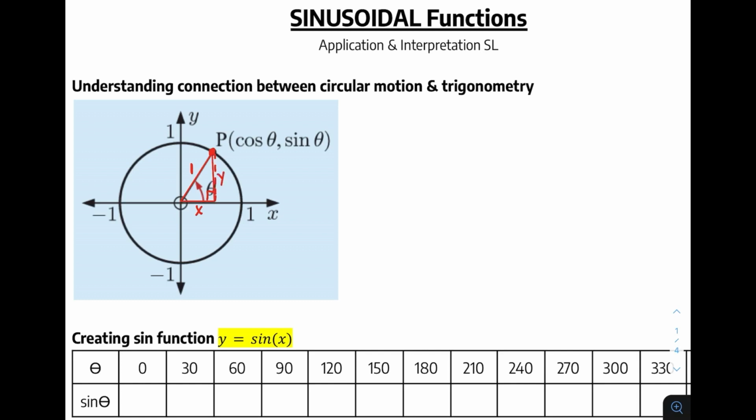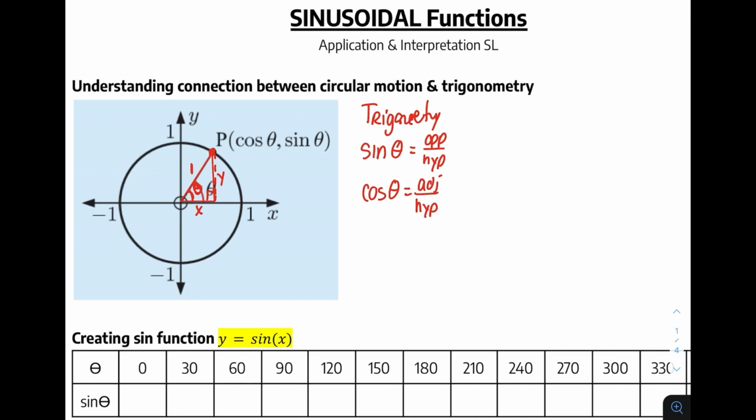If we label the angle inside the triangle theta, then we can talk about our sine and cosine. So coming back to trigonometry, we have sine of theta is equal to the opposite side over the hypotenuse. We have cosine of theta is equal to the adjacent side over the hypotenuse. And then we also have tangent, but we're not going to talk about tangent in this video yet.